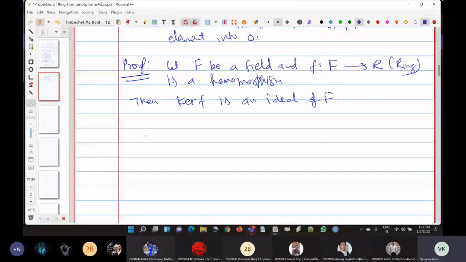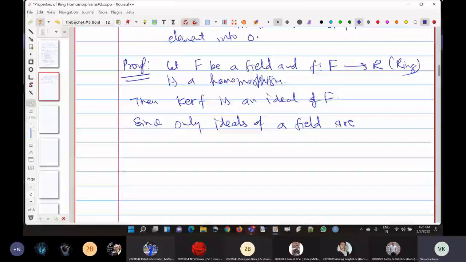And you know that a field can have only two ideals. What are they?